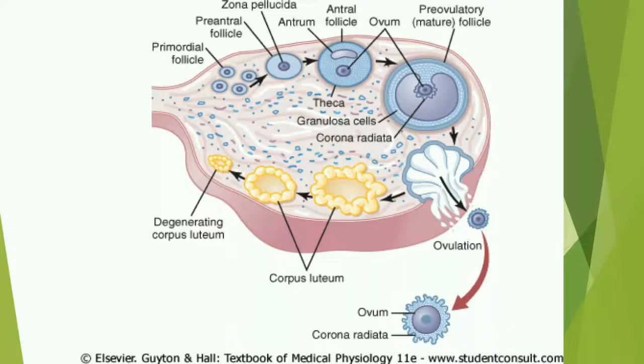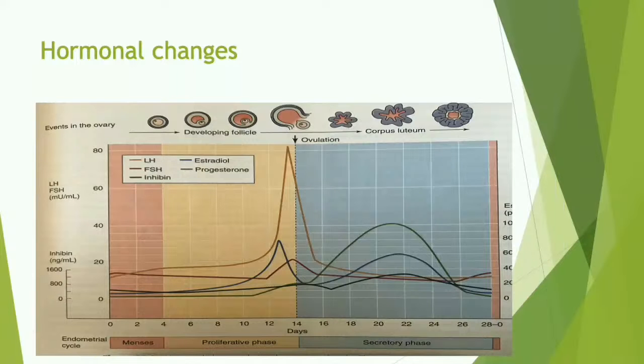So these were the ovarian changes and the hormonal changes, and it is better to draw the diagram which depicts the hormonal changes. At the beginning of the cycle you have an increase in FSH and LH. This FSH increase causes an increase in estrogen from the dominant follicle. Before ovulation you have an LH surge, and that is due to this estrogen surge.